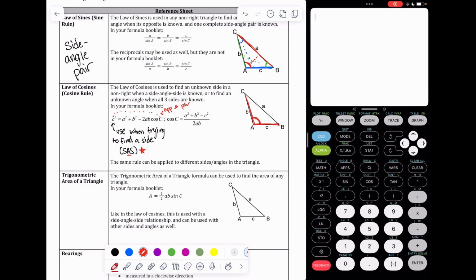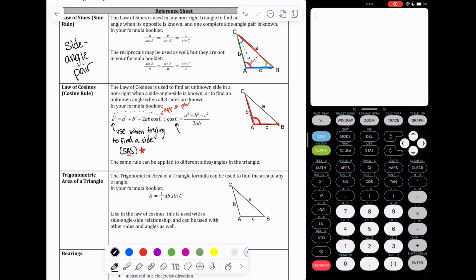For example, for the triangle I've drawn over here with side angle side, this would help us find A because it is across from the angle in my side angle side situation.